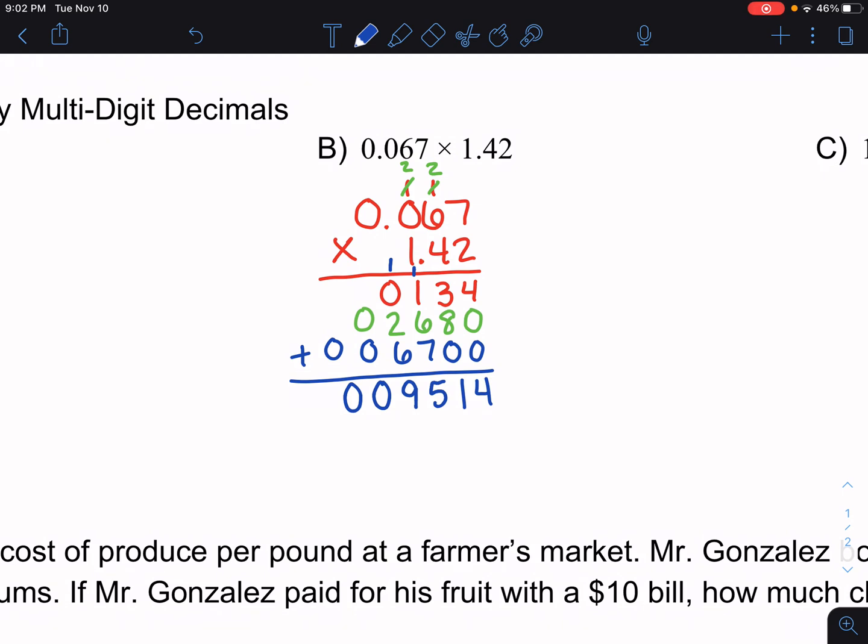Now I'm going to count up all my decimal places. So 1, 2, 3, 4, 5. So I'm going to move in 5. 1, 2, 3, 4, 5. And my answer is 0.09514.